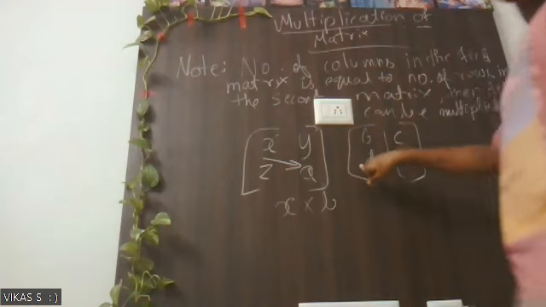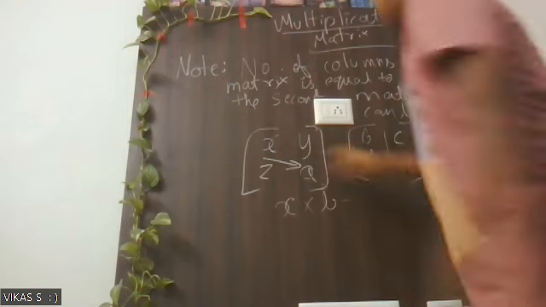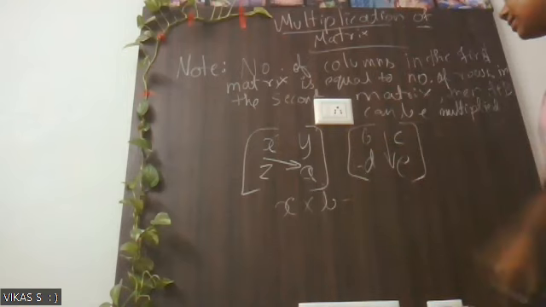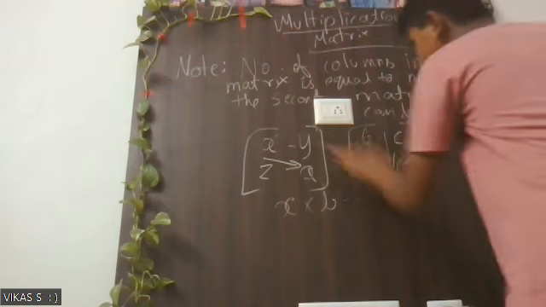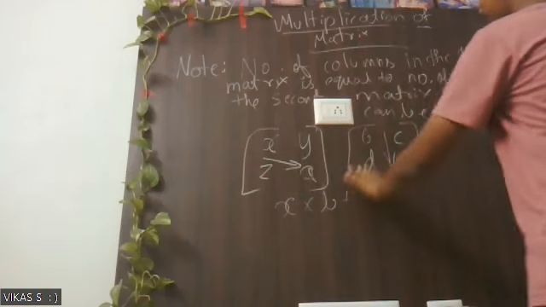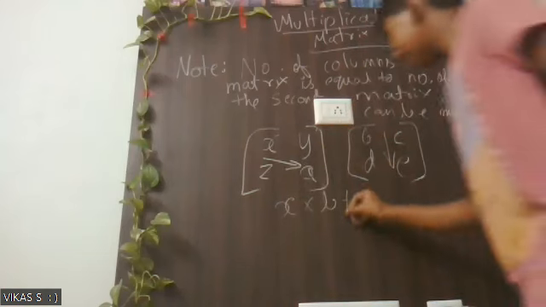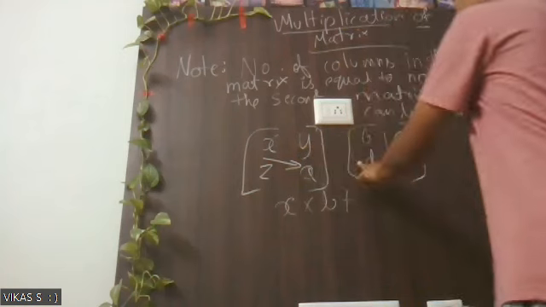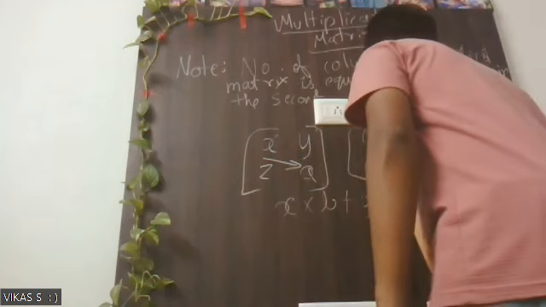If this is minus, then you keep minus because plus into minus is minus. If it is minus here also, then minus into minus is plus. But here there is nothing, so you just keep plus. So plus Y into D.